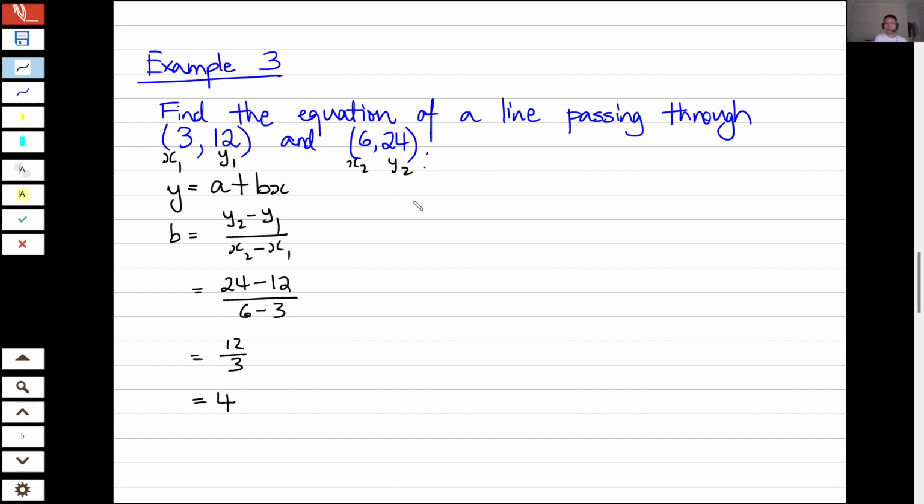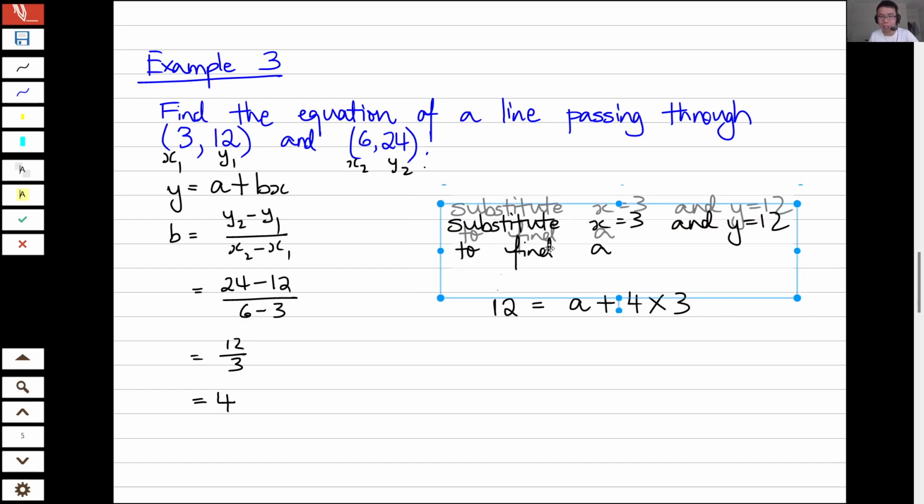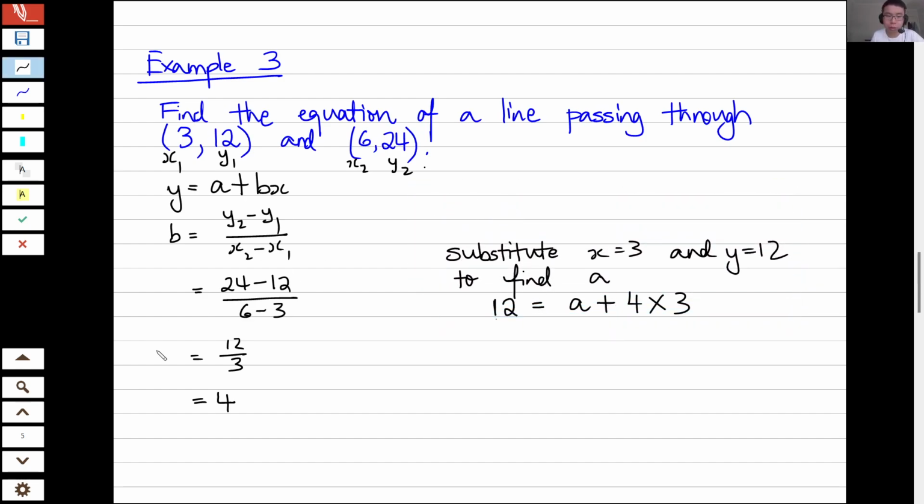So what I can do is say twelve equals a plus b, which was 4, times x. So I think what I'll do is I'll say, yep, this is better. Okay, so let me start again.